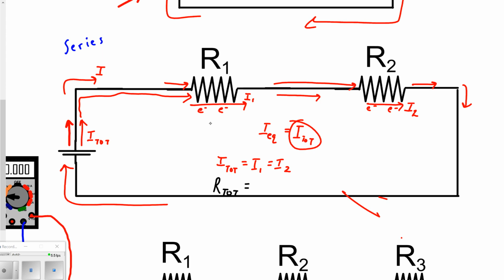Again, some textbooks will use REQ, the equivalent resistance. I've even seen some textbooks refer to this as RT, which I admit is shorter than R total, but I'm just going to continue to write R total. But R total, now you have to think of it: each of these resistors are combining together to work against that flow of electrons.